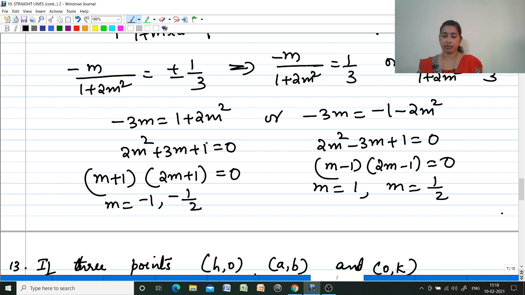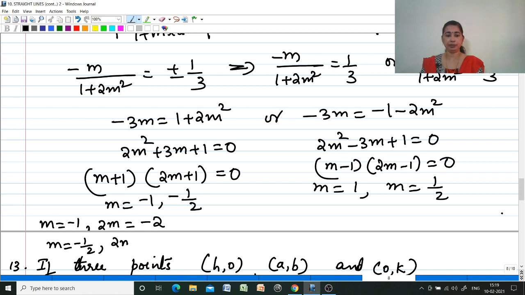So what are the slopes? Here first we are getting m is equal to minus 1 and m is equal to minus 1 by 2. So if m is equal to minus 1, then the other slope 2m can be written as minus 2, and if m is equal to minus 1 by 2, then 2m is 2 into minus 1 by 2, that is minus 1.